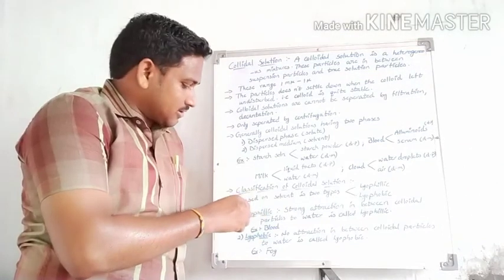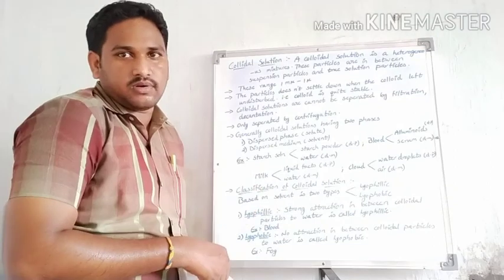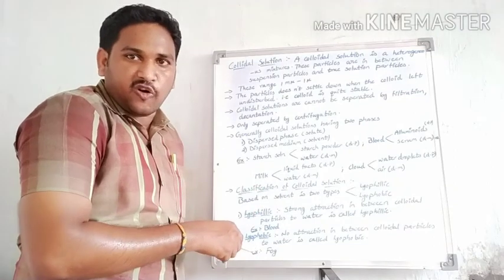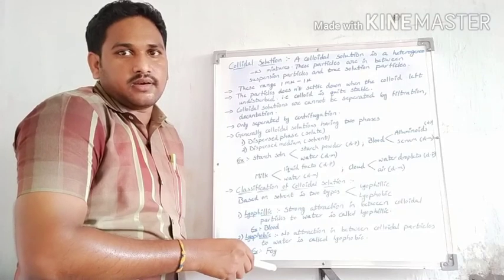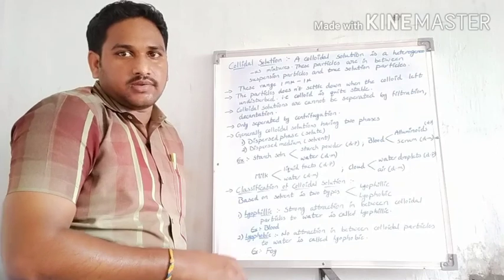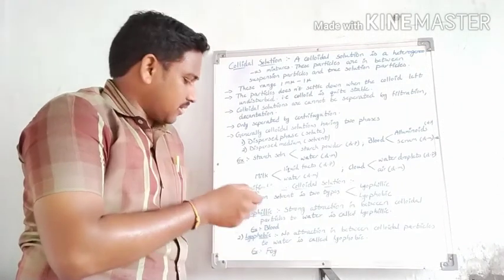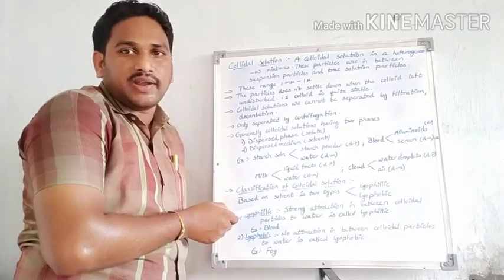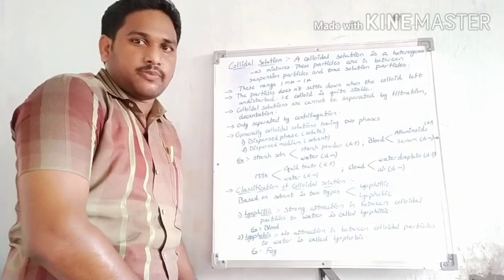Once completely solvated, it is more stable, and a lyophobic colloidal solution is not in the solvation process, so it is unstable or less stable compared to the lyophilic colloidal solution. Okay students, is my point clear or not?